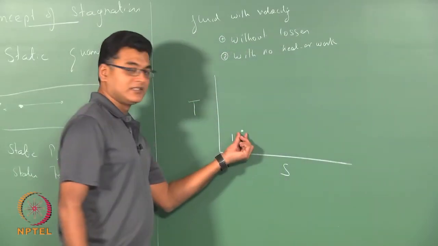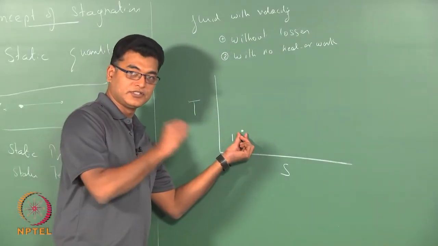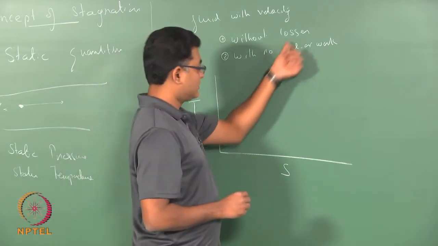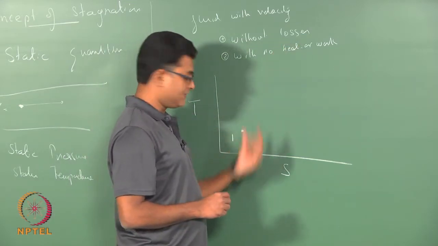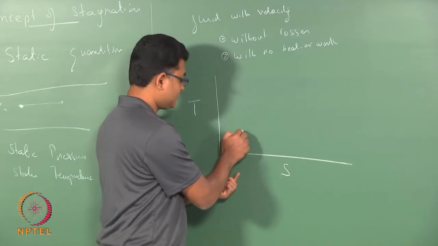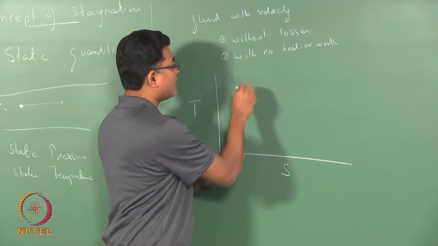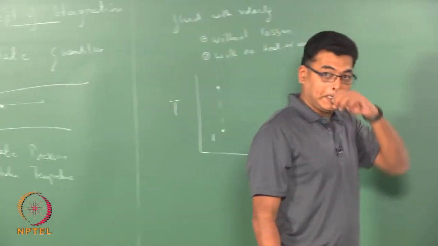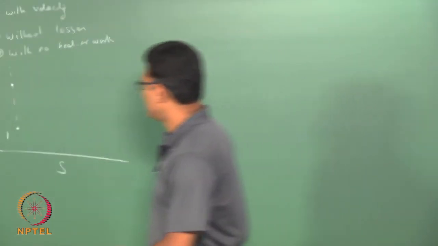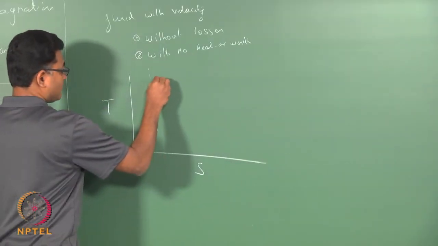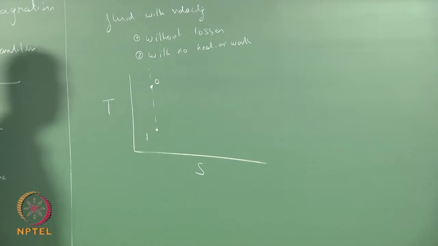Now, I am bringing this fluid to 0 velocity without any losses, which means it is an isentropic process. So, it would be a straight line somewhere here, with no heat and no work done. So, this is my 0 condition, the stagnation condition.